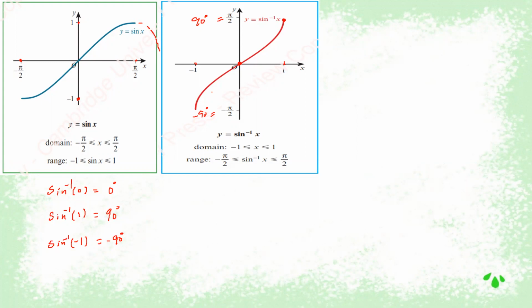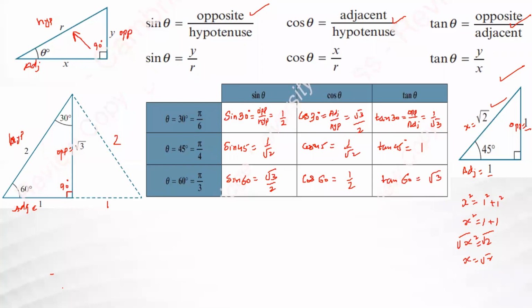So directly from the curve, you can give the answer without using a calculator. For example, if we check the value of sine inverse 1 by 2, remember that when we write sine 30, sine 30 is exactly 1 over 2.